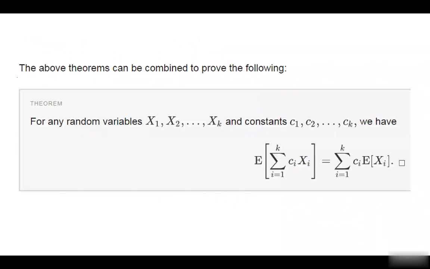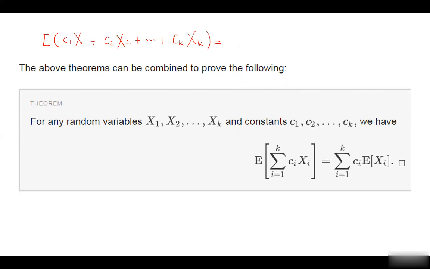And for the last property, we have, again, this conclusion. For any random variables X1, X2, ..., Xk, and constants c1, c2, ..., ck, we have the following conclusion. This means that if you want to find the expected value of c1 X1 plus c2 X2 plus ... plus ck Xk, this is a linear combination of all the random variables, right?